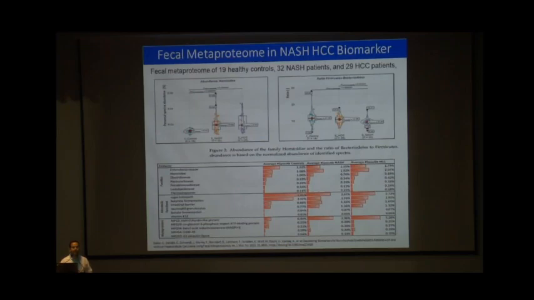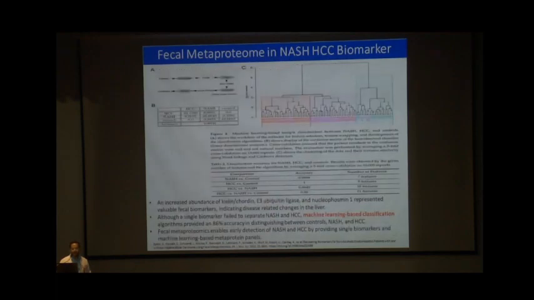Next important is the fecal metaproteome. That means you consider the microbiota, find their organisms, find their products, and see how they help to diagnose this. Very interestingly, this group of proteins has come up, and they have found a prediction model with close to 86% accuracy.